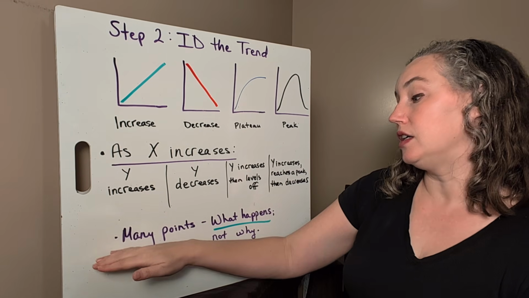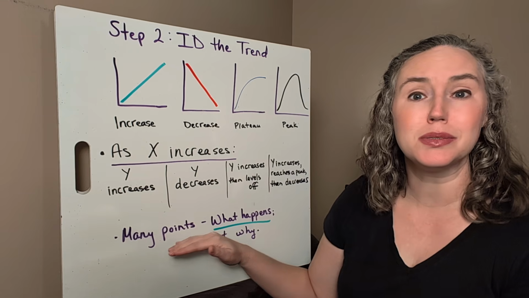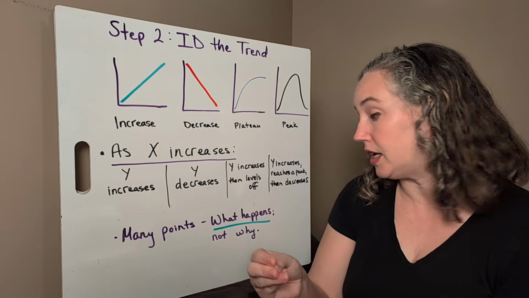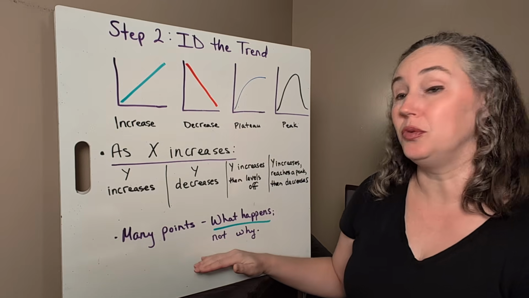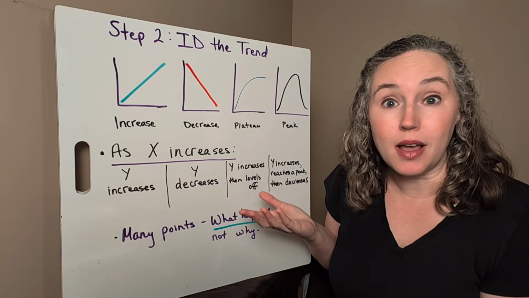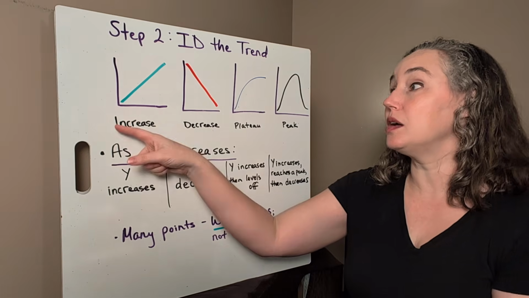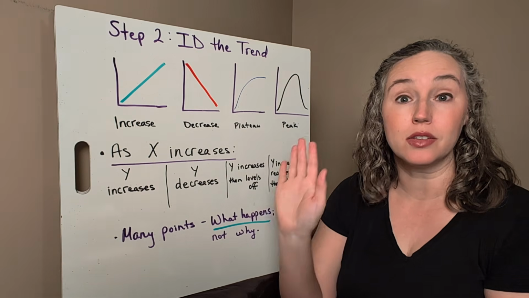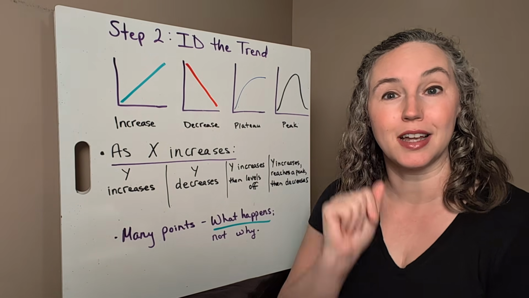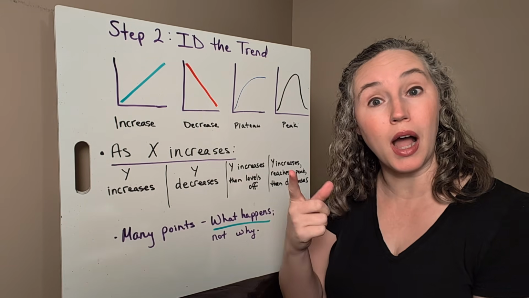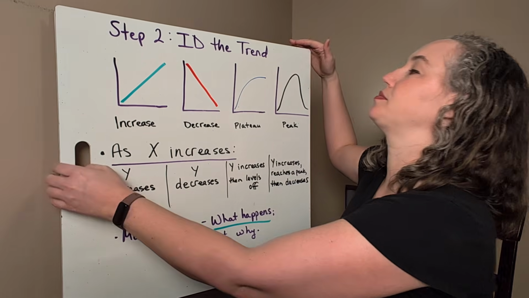So again, you're going to get many points just by saying what happens, just by describing the trend. You may not even be asked why that's happening. Now, you might, but a lot of times just being able to describe the trend is all you need to be able to do to get points on the AP exam. Now, there are times when there's a why, and we'll get to that in a little bit.